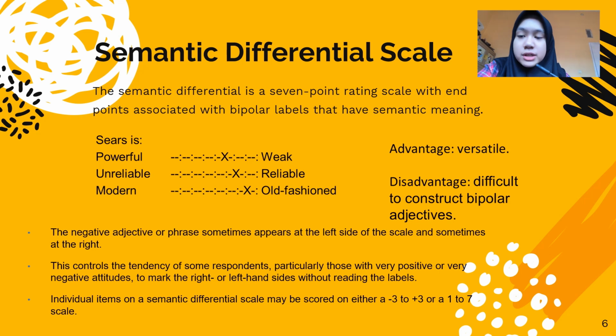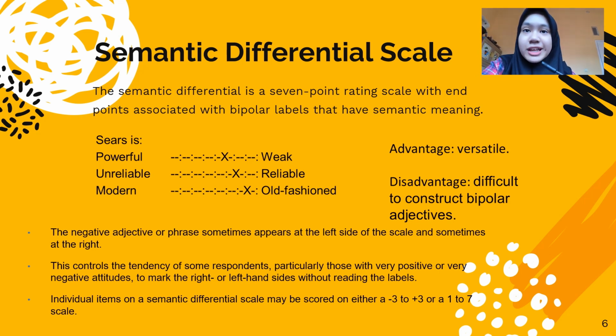Semantic differential scale. The semantic differential is a seven-point rating scale with endpoints associated with bipolar labels that have semantic meaning. In a typical application, respondents rate objects on a number of itemized seven-point rating scales bounded at each end by one of two bipolar adjectives, such as cold and warm.